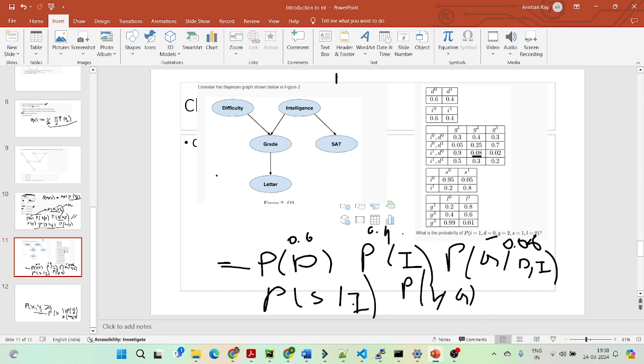S given I is 1, and S has to be 1, so this is 0.8. Next is L given G. L has to be 0 and G is 2, so 0.4. Just multiply these values and you will get the answer.